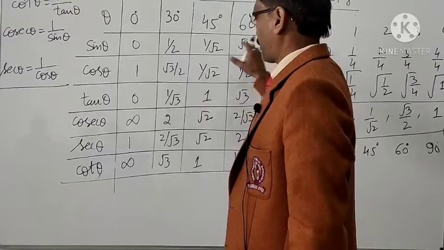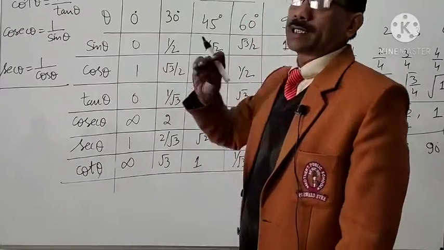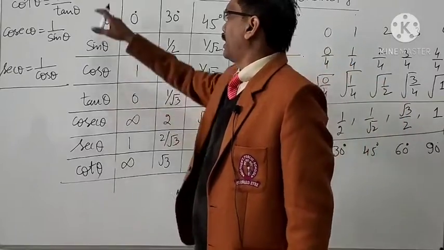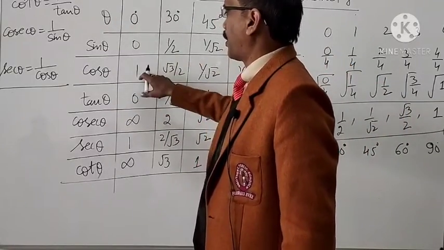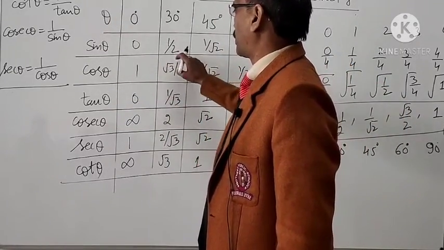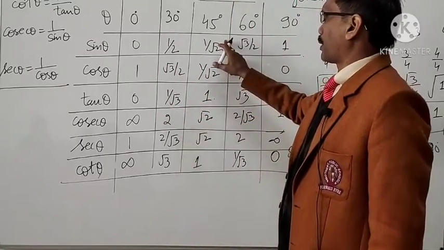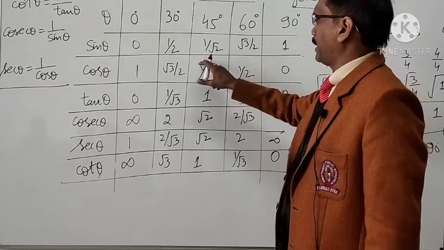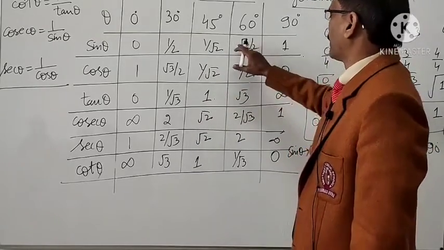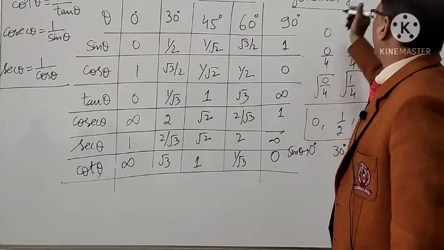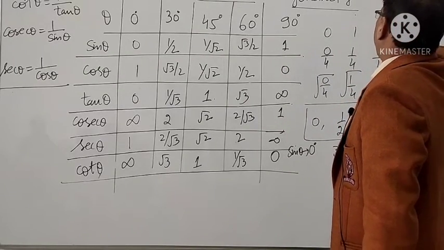So cos theta is the complement of sin theta. Then tan theta, when we divide these two values: 0 by 1 will be 0, 1 upon 2 divided by root 3 by 2 is 1 upon root 3, 1 upon root 2 divided by 1 upon root 2 is 1, root 3 by 2 divided by 1 by 2 is root 3, 1 upon 0 is not defined, infinity.